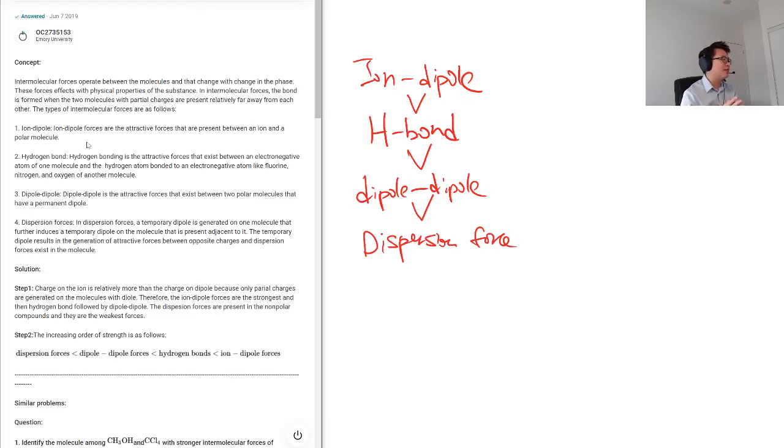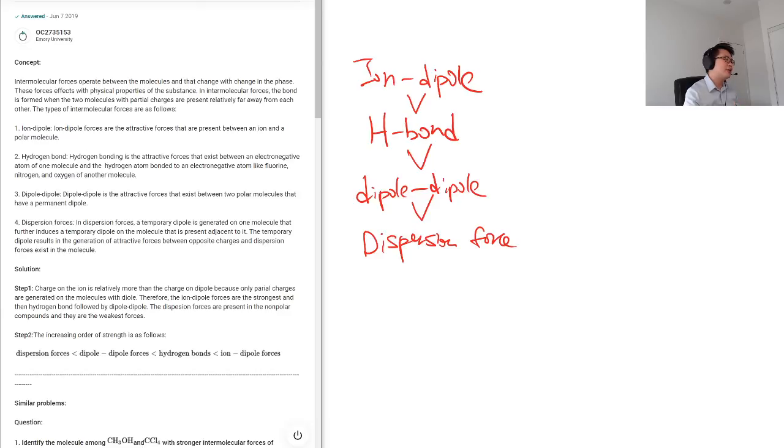For number 3, dipole-dipole interaction, we are looking at two polar molecules that have polar covalent bonds and an overall permanent dipole moment, and they interact with each other.